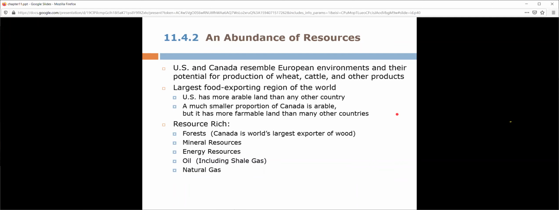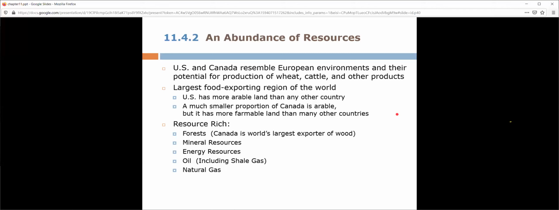On top of the food production, again, right, if you've ever been to the bread belt and you've seen hundreds and thousands of acres of nothing but wheat or corn or grazing land for cattle or something like that, that's how that works. Resource rich as well.